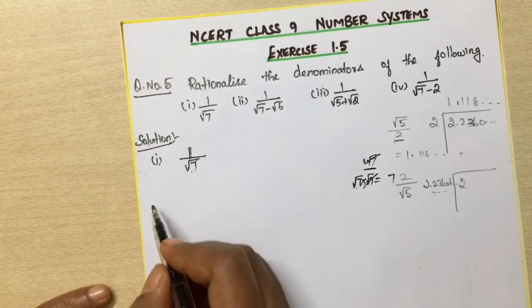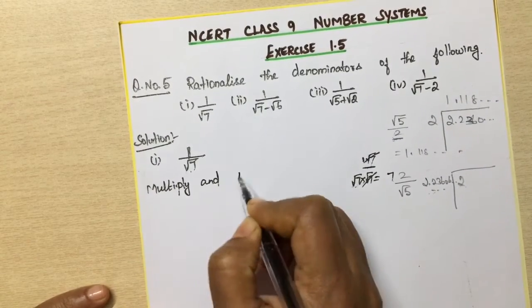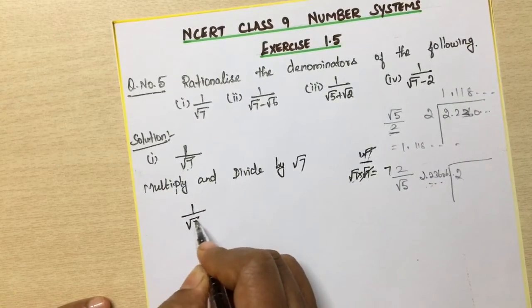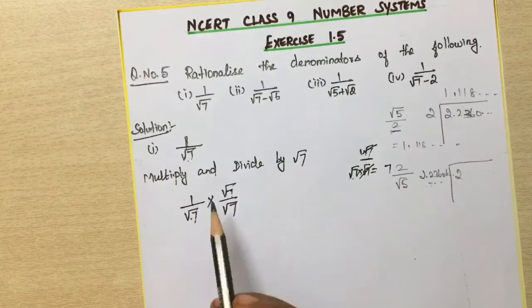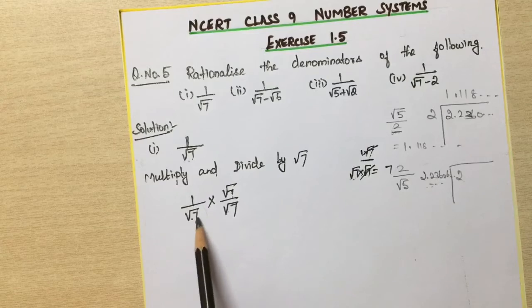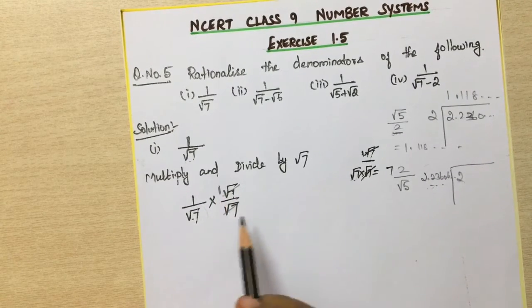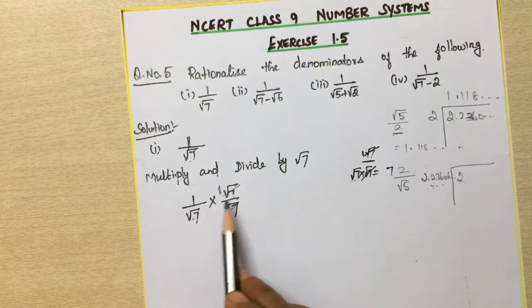So the first step is to multiply 1 by root 7 into root 7 by root 7. As you can see, we are multiplying and dividing by the same denominator. When you divide it, the value will be 1. So 1 into the entire fraction is the same value.